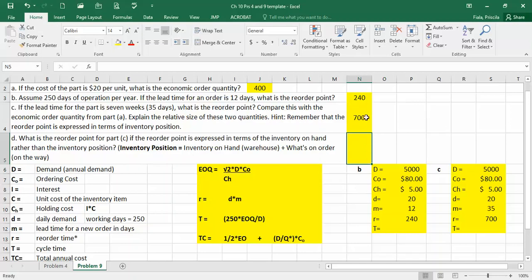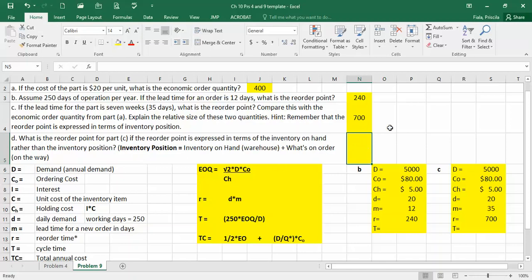Okay, and it says, what is the reorder point for part C, the 700, if the reorder point is expressed in terms of inventory on hand, just this portion here, rather than the inventory position, both of them?